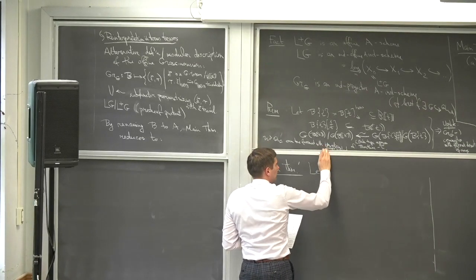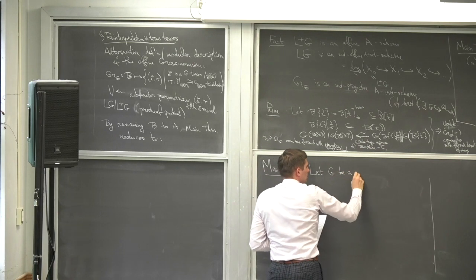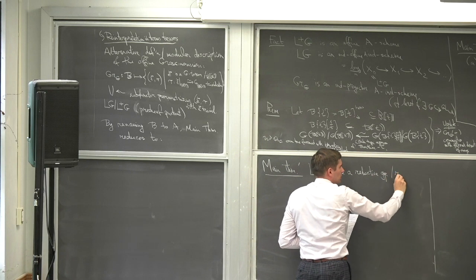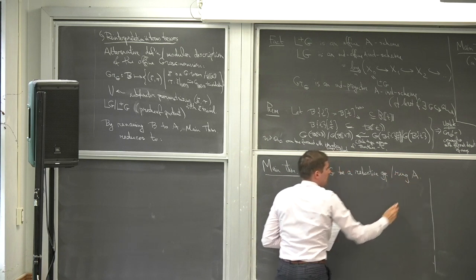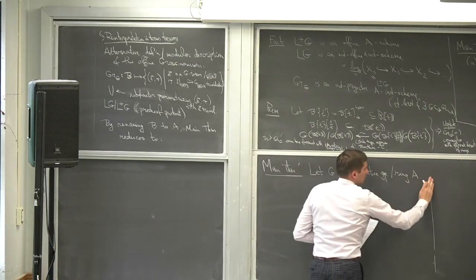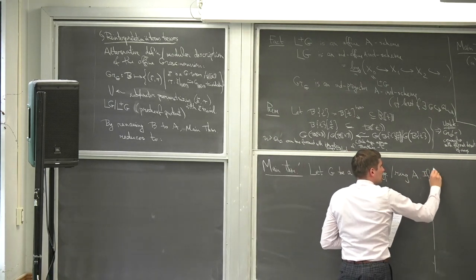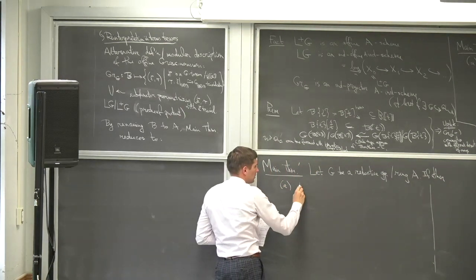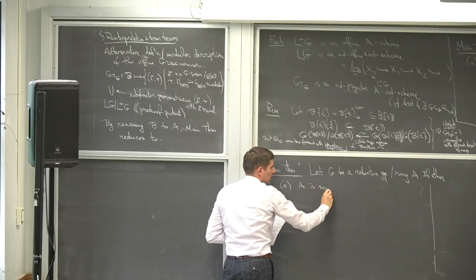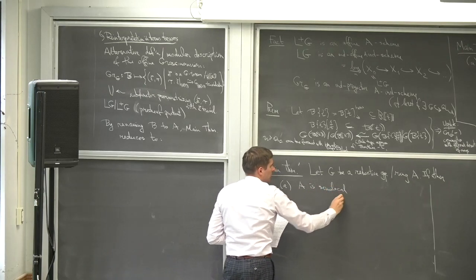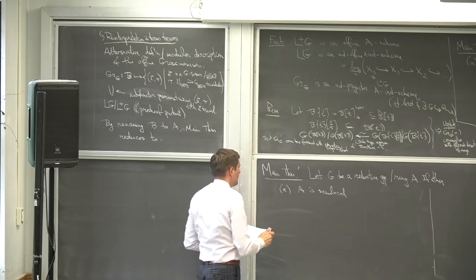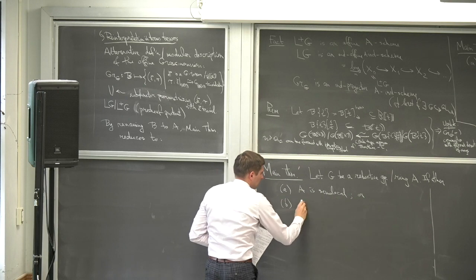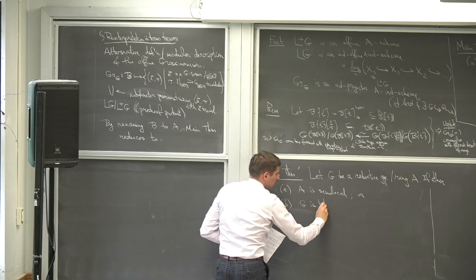So here I have G a reductive group over an arbitrary A. And I assume that either in case A, A is semi-local, meaning that A has only finitely many maximal ideals, so A has finitely many points, or in case B, I don't make any assumption on A, but I assume that G is totally isotropic.